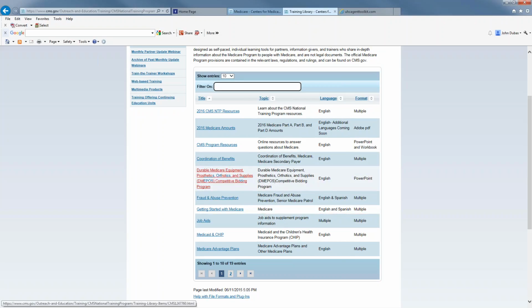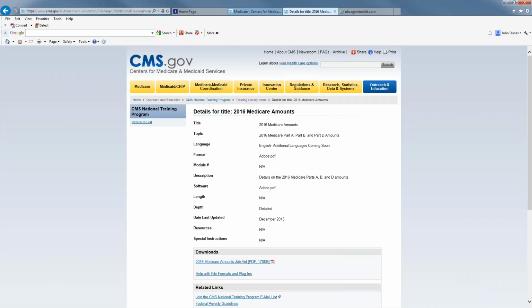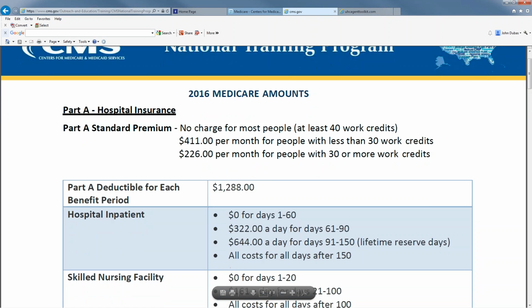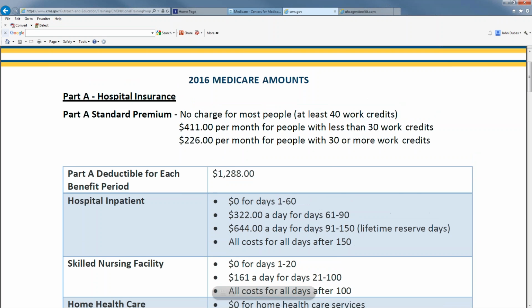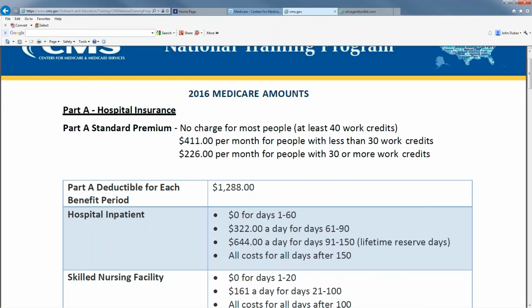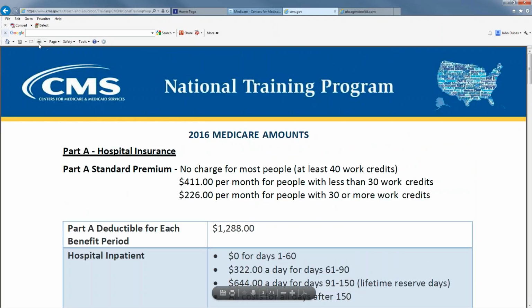A whole bunch of tools about different Medicare amounts. This is really kind of a neat piece here. Watch this. Shazam coming. Some basics that'll give you information on the specifics on costs that are involved with the Medicare program. Pretty neat.